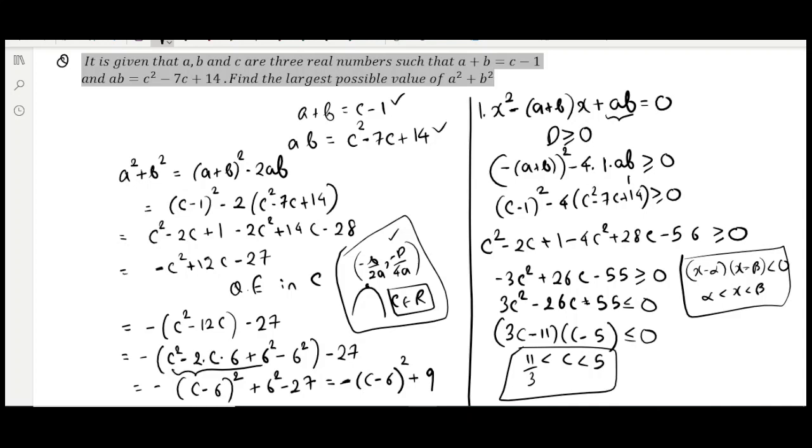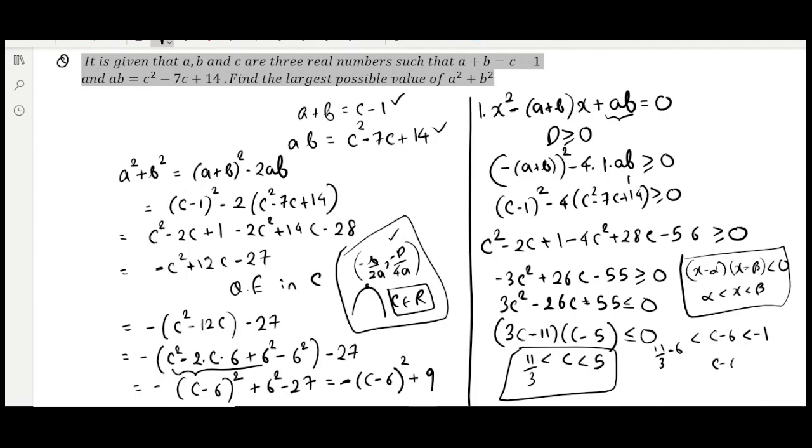To avoid the confusion, we can create this expression by using this. We need the largest possible value of a square plus b square, and a square plus b square is this term, right? So to avoid confusion, we will subtract 6 from here. So 5 minus 6 is minus 1, and 11 by 3 minus 6 is minus 7 by 3.